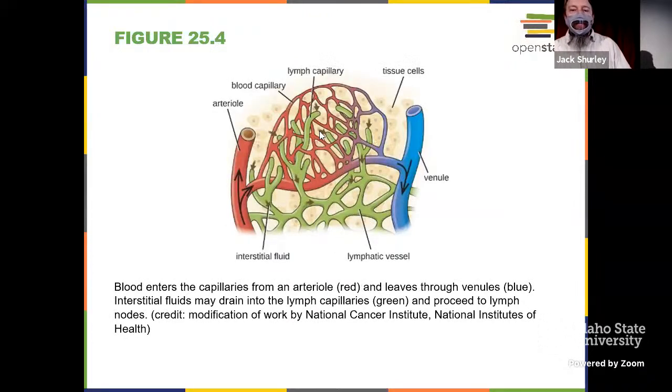So this image is one I really wanted to look at for a second before we start talking details with the actual infectious agents. I think it does a pretty good job of showing what's happening with the circulatory and the lymphatic system. They go together.